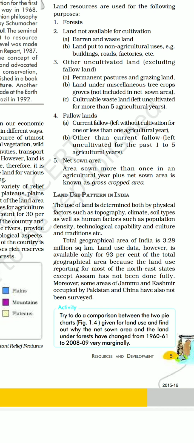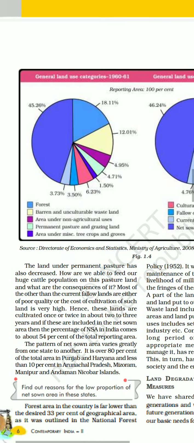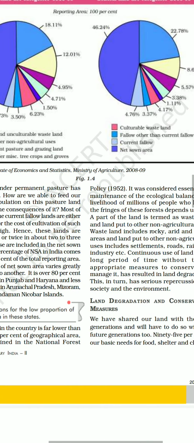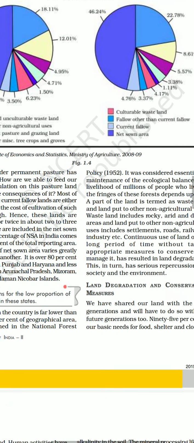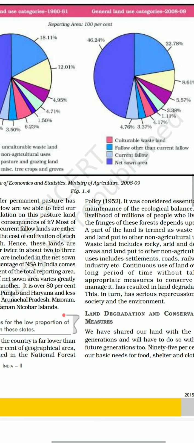There is a difference between land in the plain area and land in the mountain area. The plain area is better for cultivation. The mountainous area is not suitable for agricultural purpose. And similarly, the climate also plays an important role.